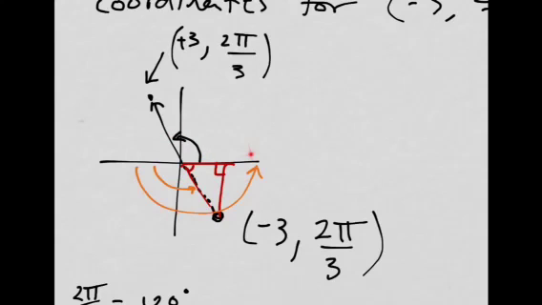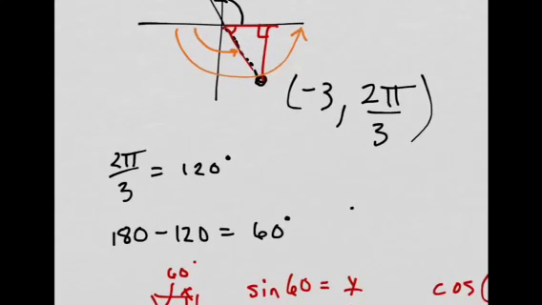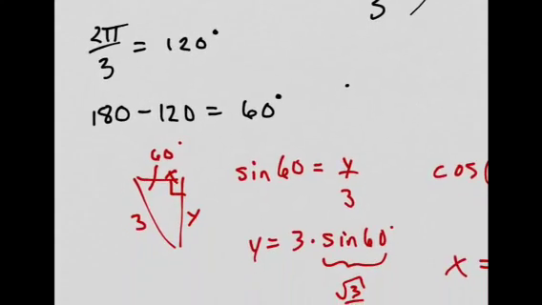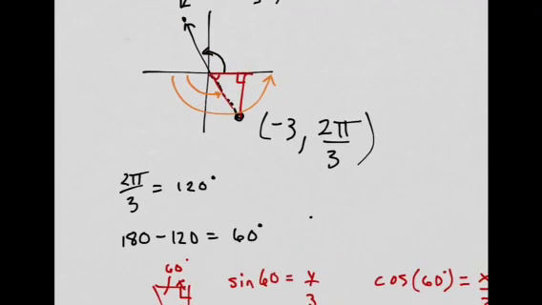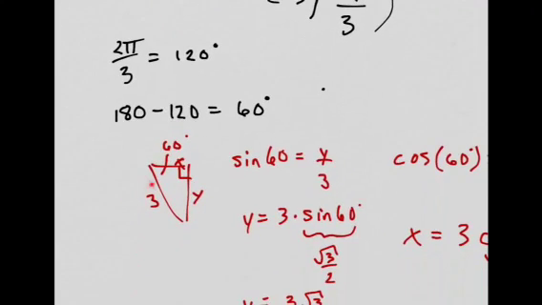And then this is 180. So to find this angle, I take 180 minus 120. And that's how I get this angle here. So it's 60.